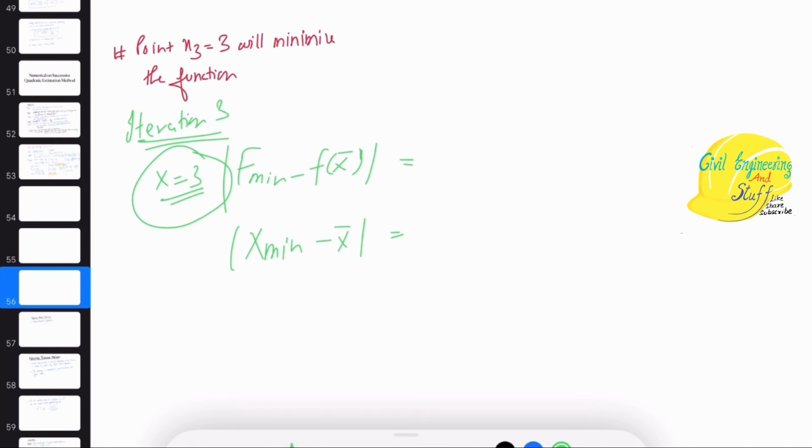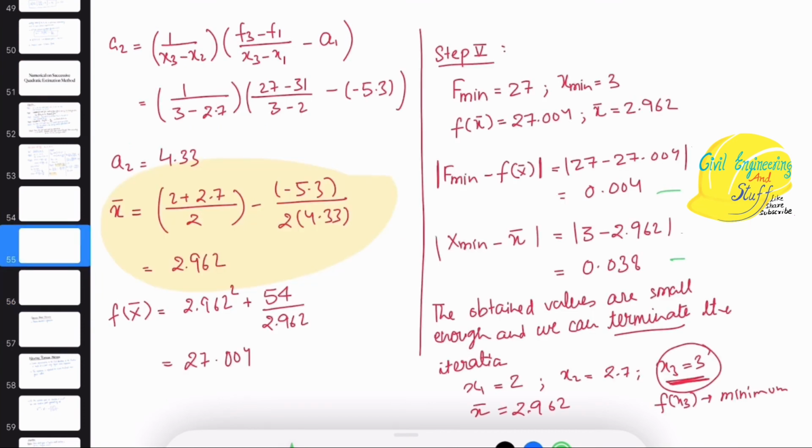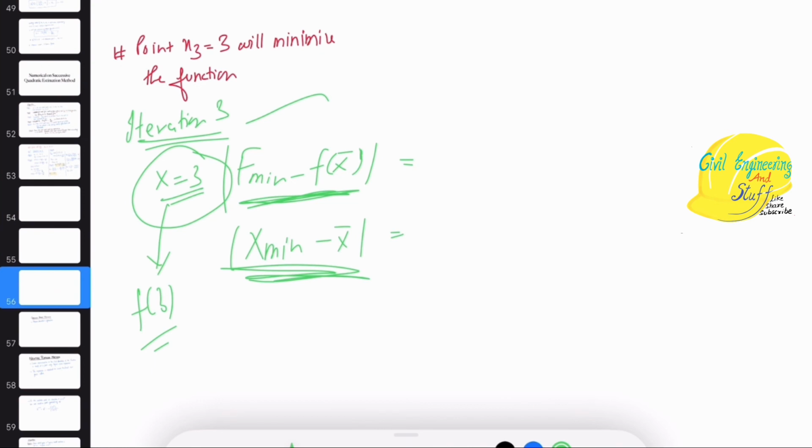If you have any doubt in any of the steps that we have done, you can always ask in the comment section, and try and do it at iteration number 3 and see if the function value at x3 is still the minimum value or not. See this, and also observe what is the value of f minimum minus f of x bar and x minimum minus x bar. See this and compare to the values that we have obtained in iteration number 2, are they smaller or greater, right? So this will help you to clear the concept, right?